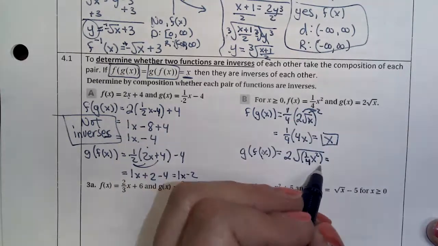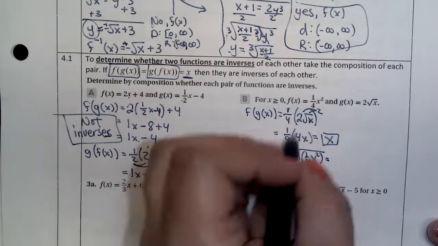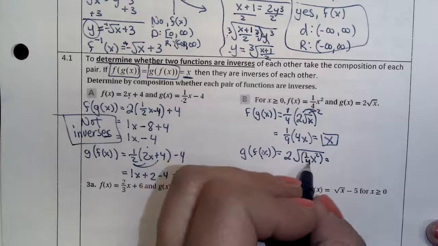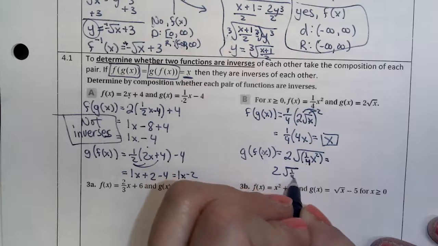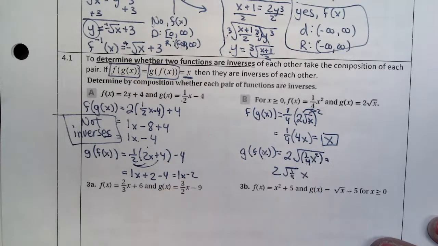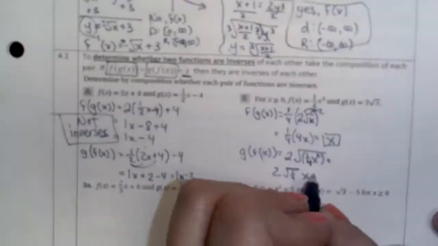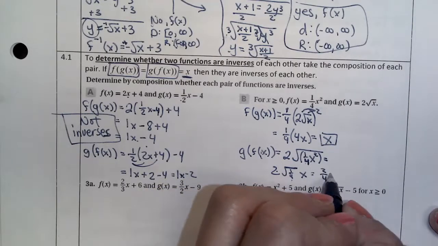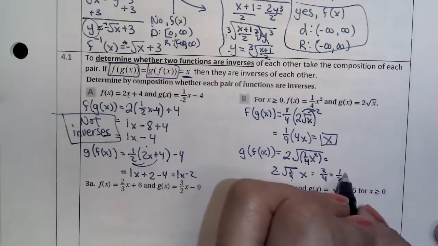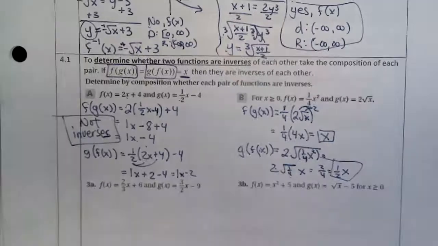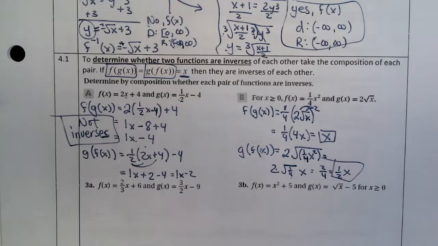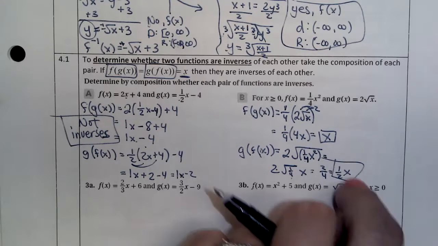So that's going to be 2 times the square root of 1/4 times x, because the square root of x squared is x. Well, 2 times 1/4 is 2/4, which is 1/2. So that's going to give me 1/2 x. So you notice those both did not equal x.